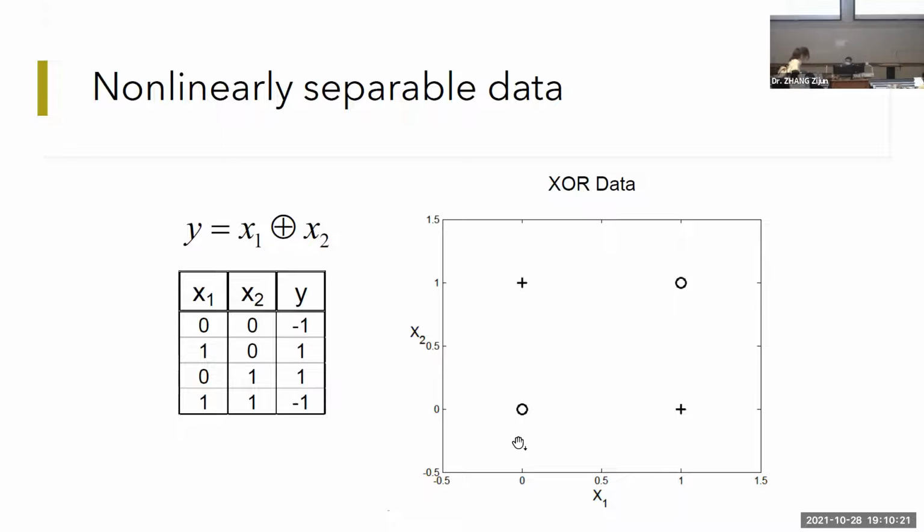Okay. So this slide shows the nonlinearly separable data. Based on such two-dimensional distributed data points, whatever linear decision boundary you draw across this area, you're unable to perfectly separate them. Okay.